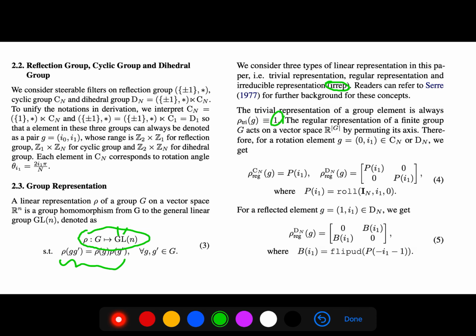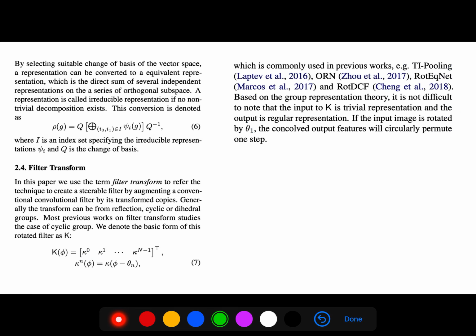The regular representation of a finite group acts on a vector space by permuting its axes. For example, you have some feature maps. For different kernels, you have different feature maps. When you permute it, it means that you go to a different angle, because it is already pre-computed. The filters are applied to the image and it has become a feature map.